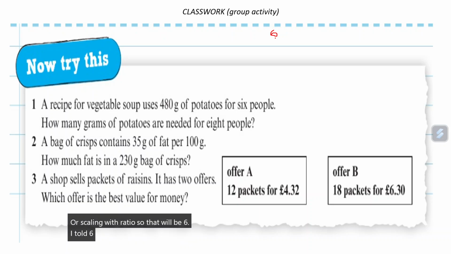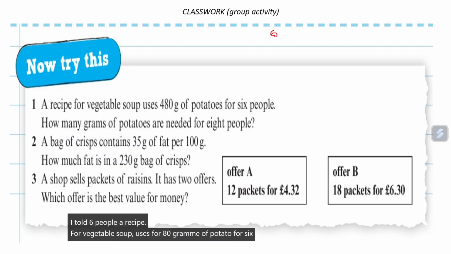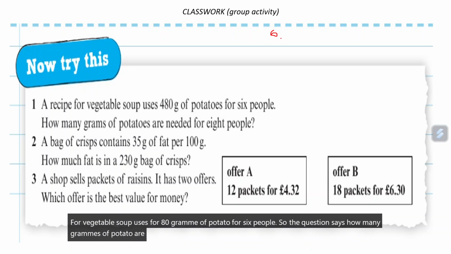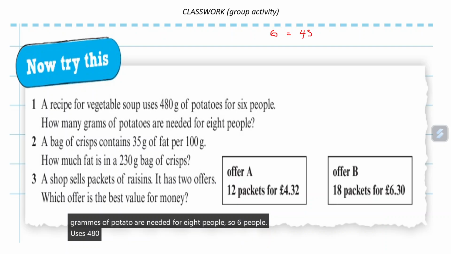A recipe for vegetable soup uses 480 grams of potato for 6 people. The question says how many grams of potato are needed for 8 people. So 6 people use 480 grams of potato.